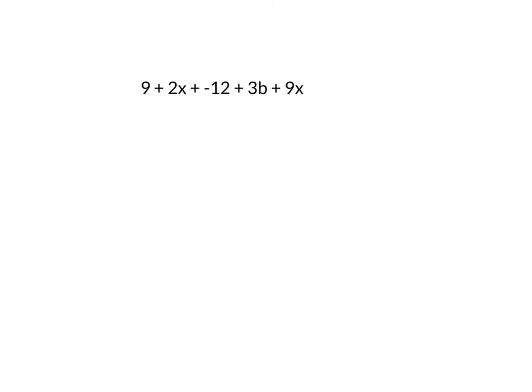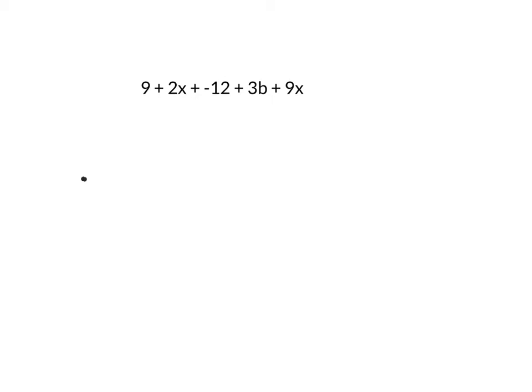Okay, so now for this problem, we have 9 plus 2x plus -12 plus 3b plus 9x. So we're going to start with 9 and -12. So 9 plus -12 is -3.